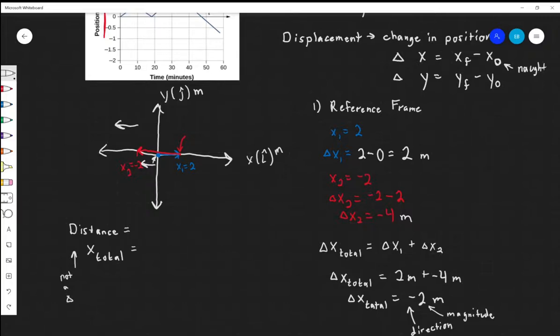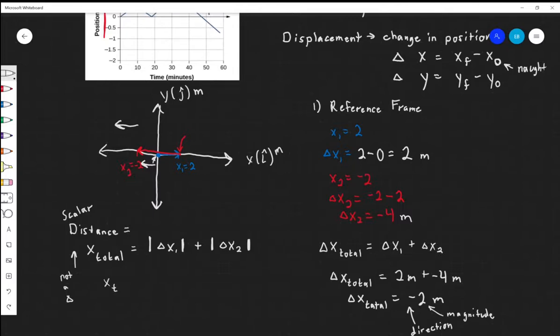To get the total value, so how far I've actually walked, I need to account for both paths. So I need to find the total displacement of x1 and take the absolute value of that, because that's how far I've moved. And I need to add on delta x2, but I need to take the absolute value because this distance is a scalar. It only cares about magnitude, it doesn't care about directions.